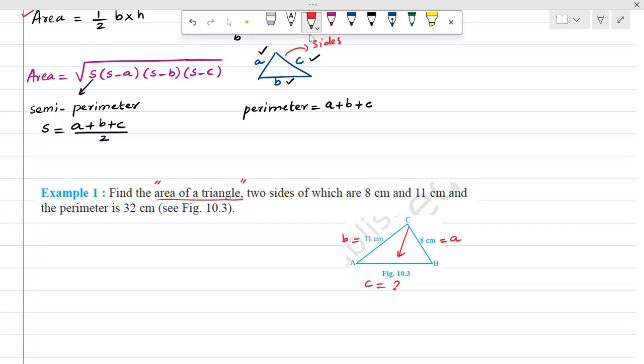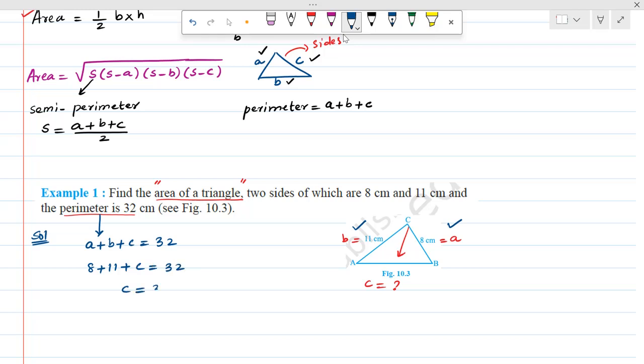How will you calculate that? There is one more hint given, the perimeter. The perimeter is a plus b plus c, which is equal to 32. Now I will substitute a and b given in the question: 8 plus 11 plus c equals 32.